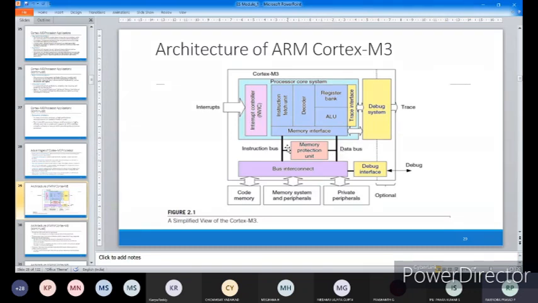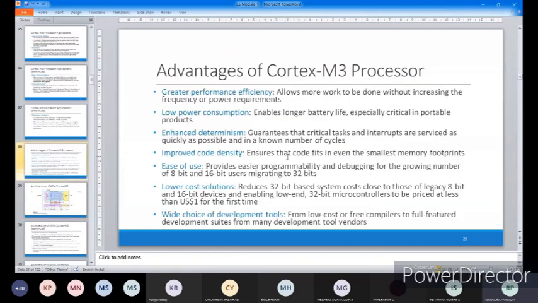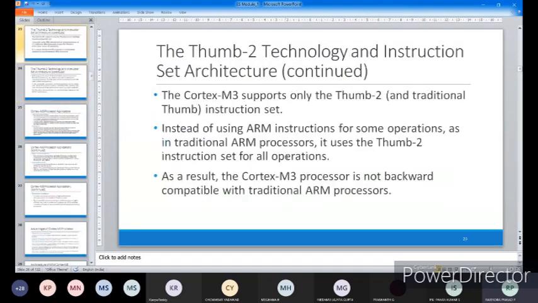These data bus and instruction bus are 32-bit length because we are understanding an ARM 32-bit processor. Whatever instructions there are, they are with respect to 32-bit. We also discussed that there are types of instruction set: one is the ARM instruction set, one is the Thumb-2 instruction set, and one more was the Thumb-2 exceptional instruction set, which I had discussed here.